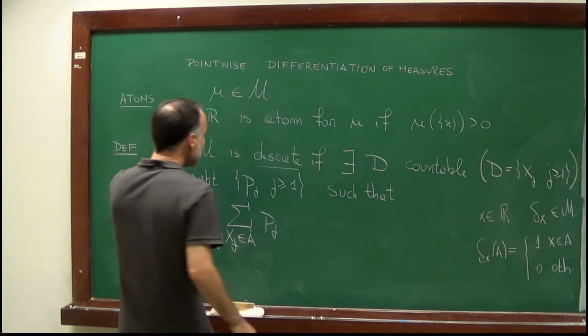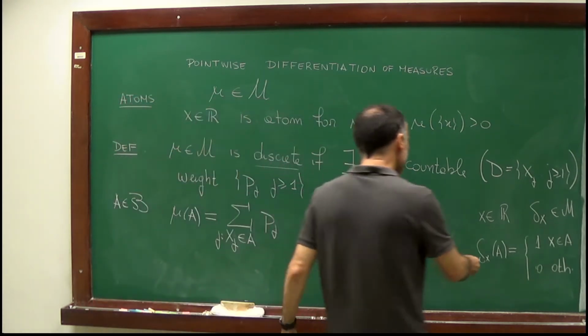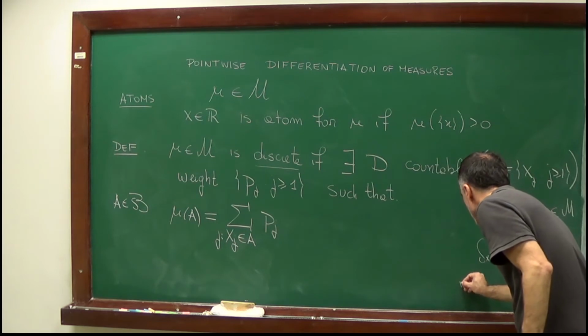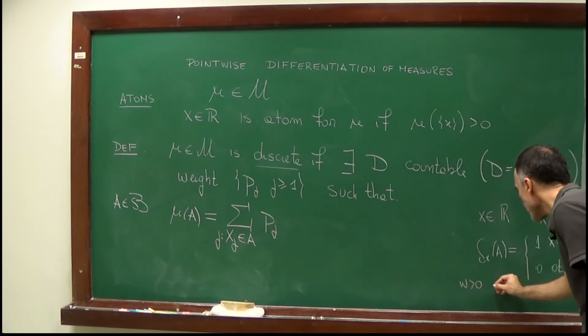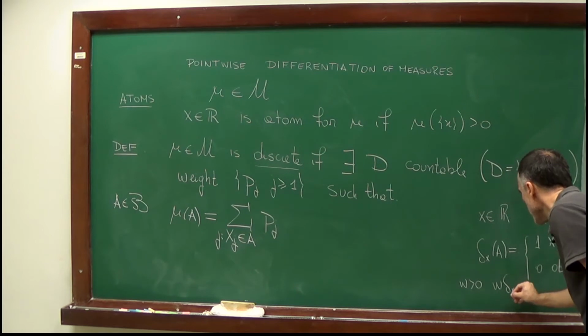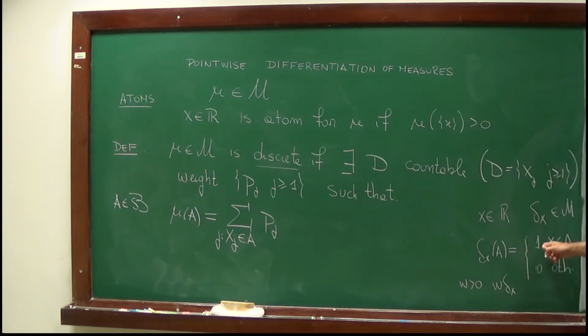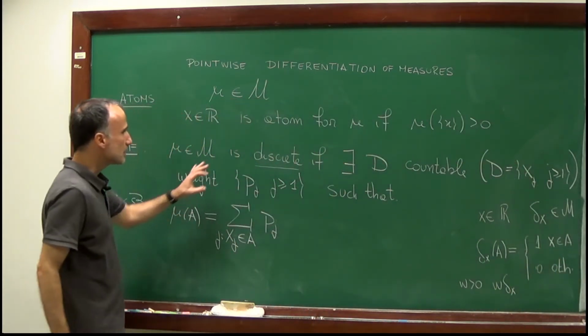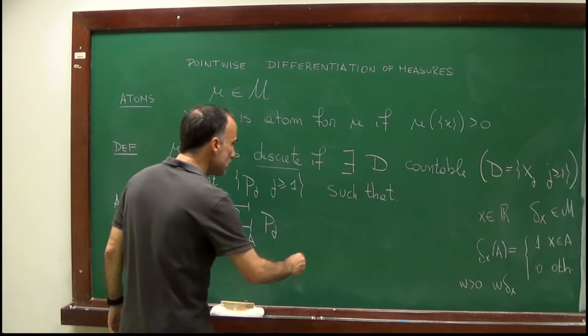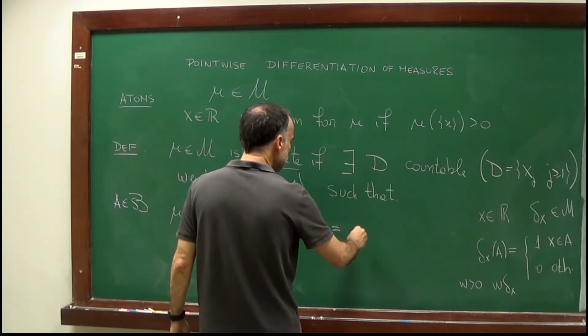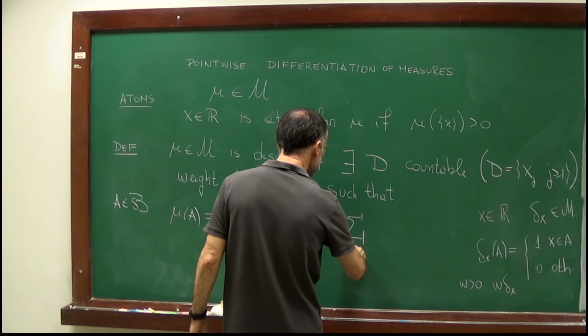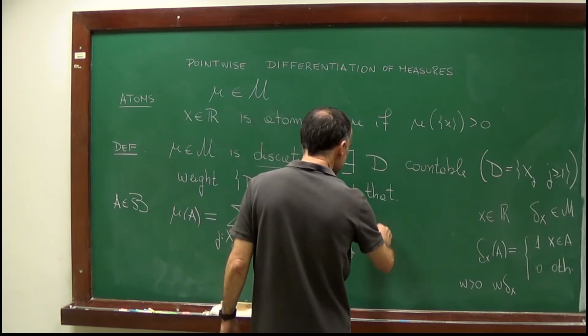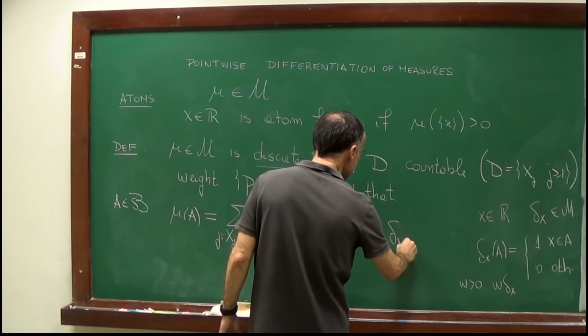So this measure, I can represent it, if I give you w, which is a positive number, as w dx, which is a new measure that gives weight w instead of 1 if x belongs to A, and 0 if x doesn't belong to A. So a measure mu is discrete if mu can be written as the sum over all j of pj dxj.